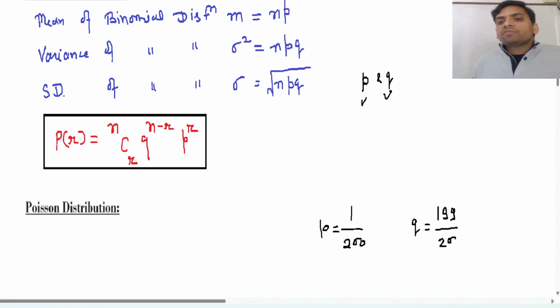So there is big difference between P and Q. So as there is big difference between P and Q, we will use either only P or Q. Clear? P is how much in terms of percentage? P is 0.5%, and this is 99.5%. There is big difference.